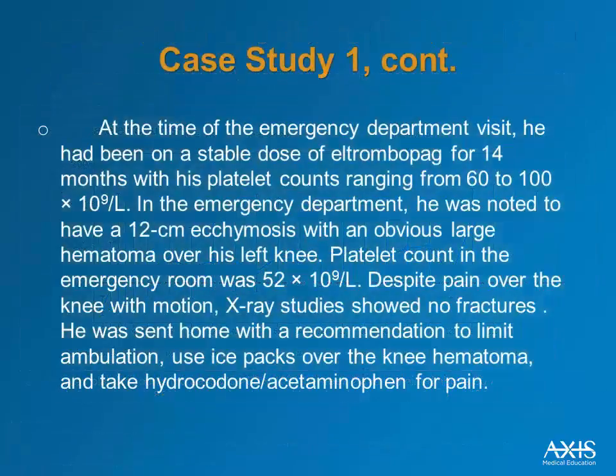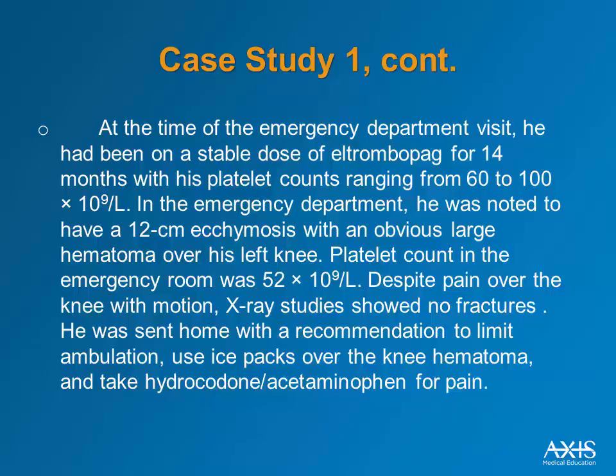At the time of the emergency department visit, he had been on a stable dose of eltrombopag for 14 months, with platelet counts ranging from a low of 60,000 to 100,000. In the emergency department, he was noted to have a large 12-centimeter ecchymosis with an obvious large hematoma over his left knee. Platelet count in the emergency room was 52,000 per microliter.